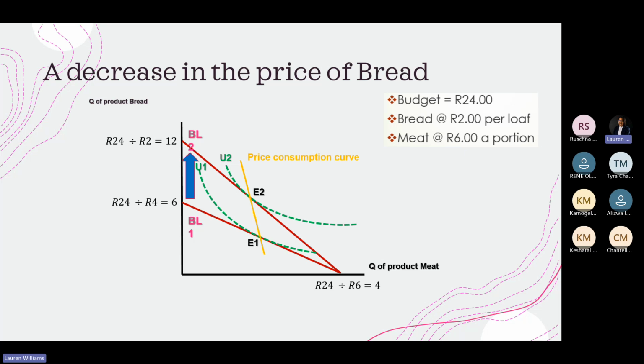So now it was 4 Rand, it's now 2 Rand. So 24 divided by 2 gives us a new intercept of 12. Price of meat has not changed. We have our new utility curve, new consumer equilibrium point. Connect the 2 points and we will get your price consumption curve.